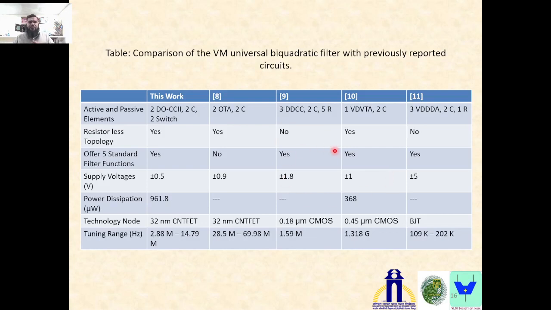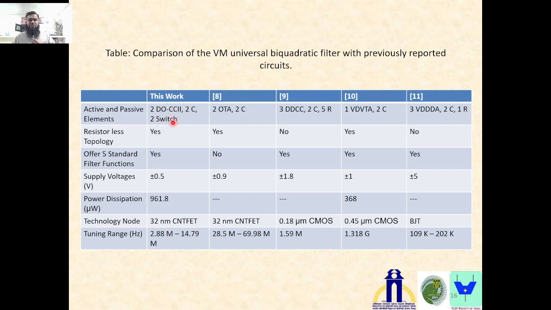This table provides the comparison with the different circuits in the literature. These values are for our work. We have two DOCC2, two capacitors, and two switch transistors.